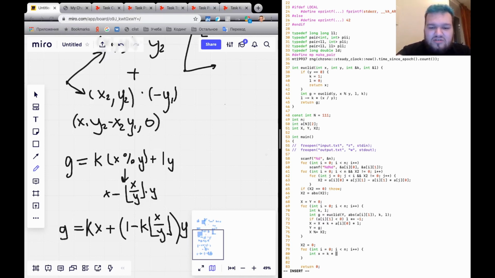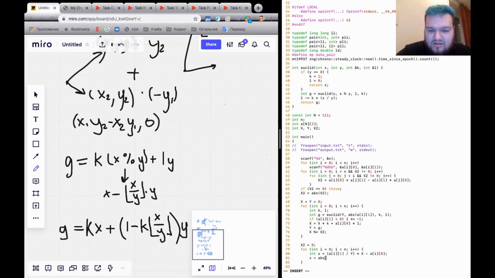So if we do this, its x coordinate becomes k multiplied by x, and we need to subtract x coordinate, like take the difference between new move and old, and k is actually this number. How many times we have to repeat this move so that y coordinate becomes equal to this number.